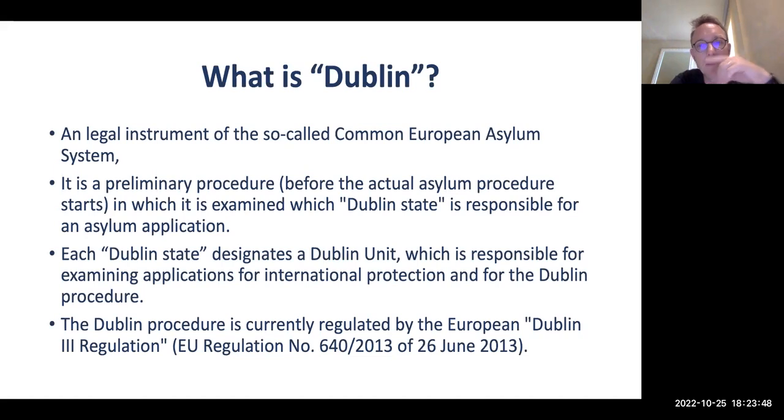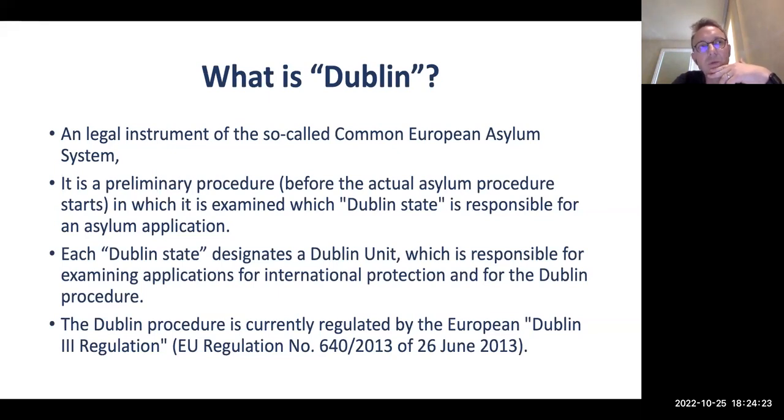Let me just open up a small bracket. What you can see here is that basically through the Dublin system, the European states, or the Dublin states, if you want, started to limit the access to asylum. Why do I say this? Because usually this is the obligation from the Geneva Convention.